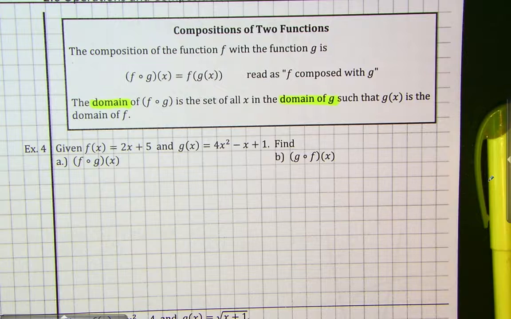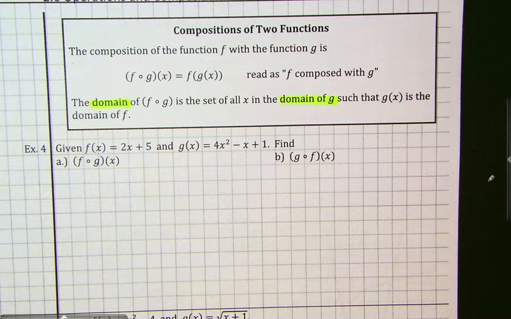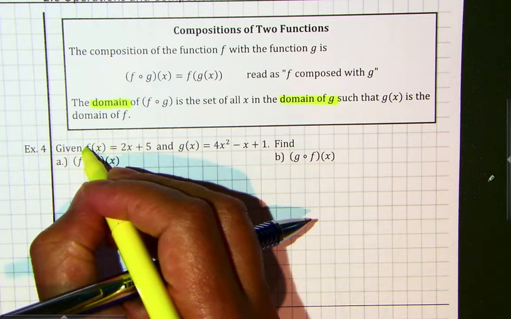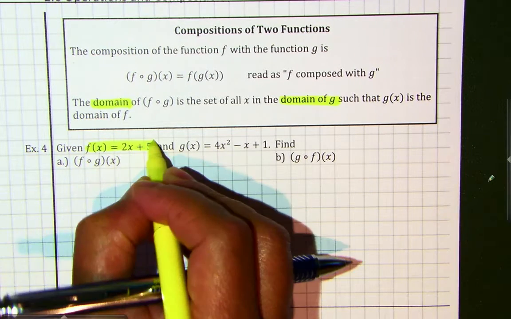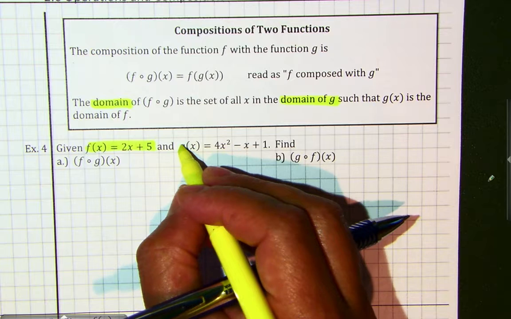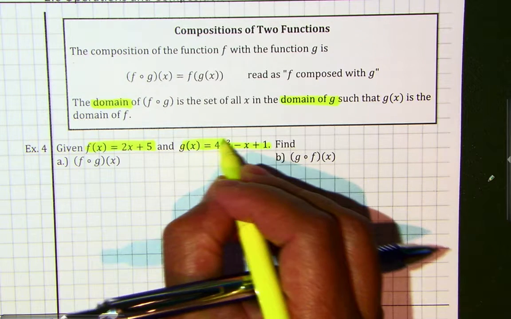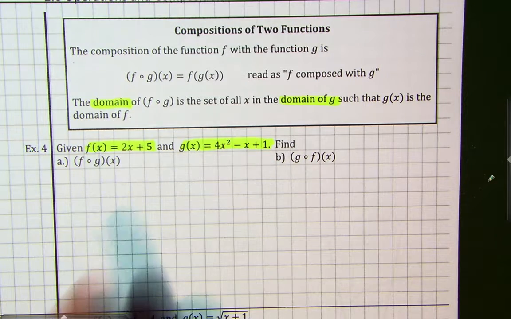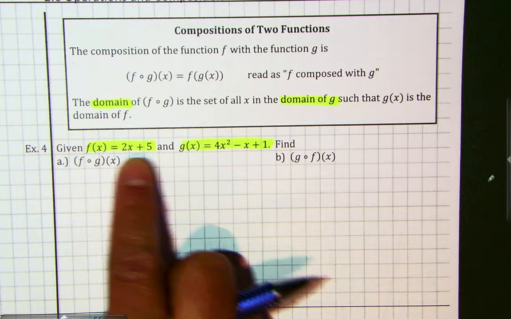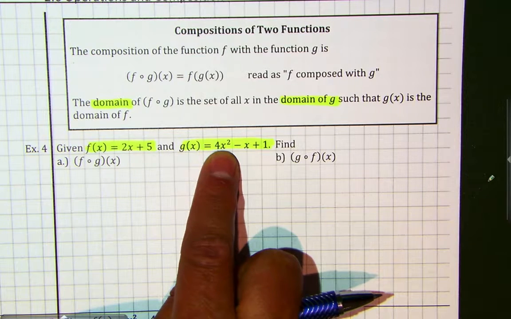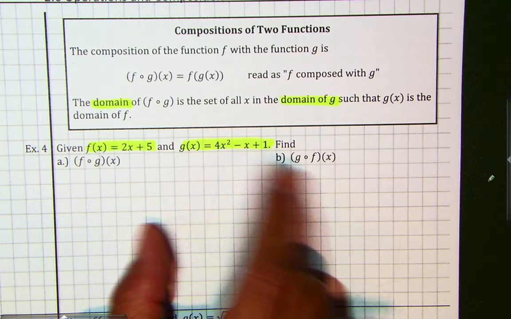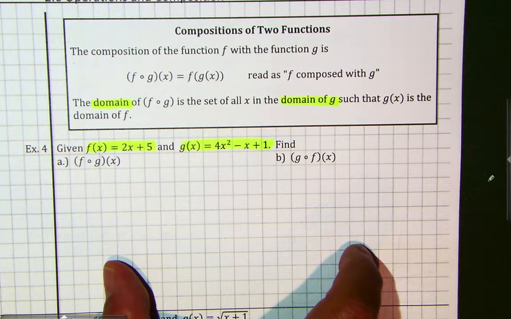But for now, on example number 1, we have a line, which is 2x plus 5, and we have a parabola. The domain for f of x is all real numbers. The domain for g of x is all real numbers. So therefore, the domain for both functions should be all real numbers as well.